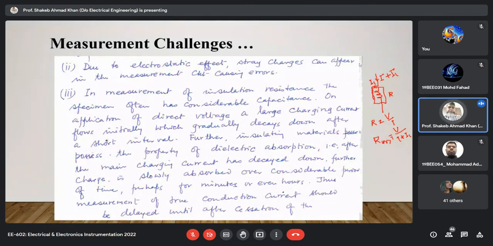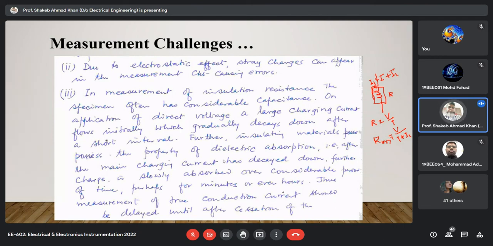But if we are noting down that current initially, we are only interested in the conduction current. So if the initial charging current is there and we are not waiting and we note down this current, then whatever resistance value you calculate with that current, which also has a charging current component, will lead to huge error. Then there is the dielectric absorption current. I'm not going to explain what dielectric absorption current is, but I'm telling you the name.